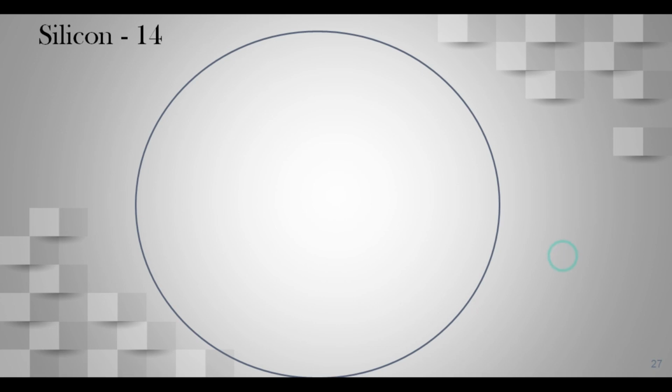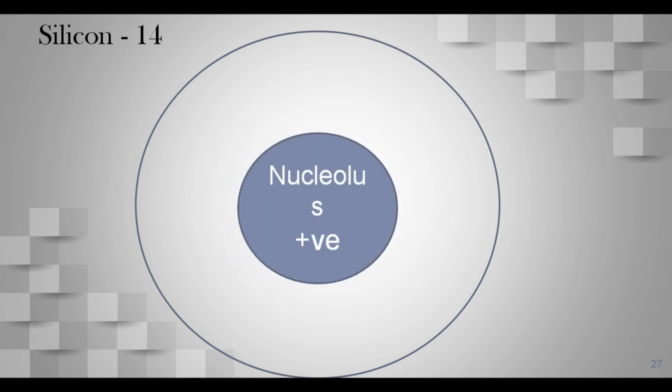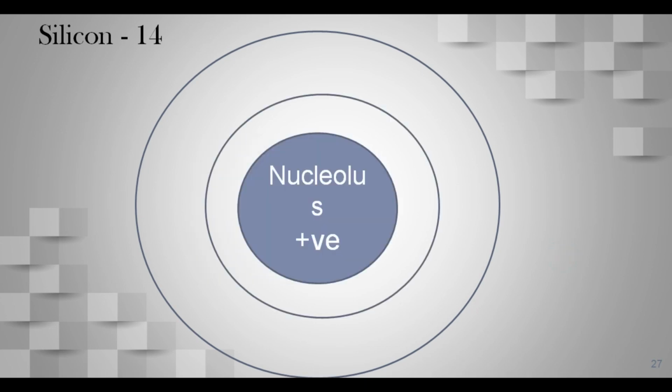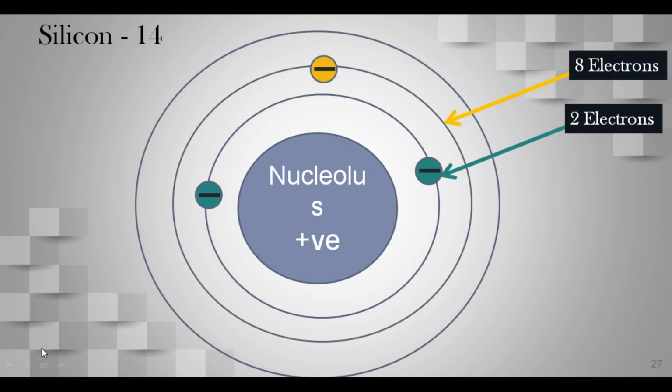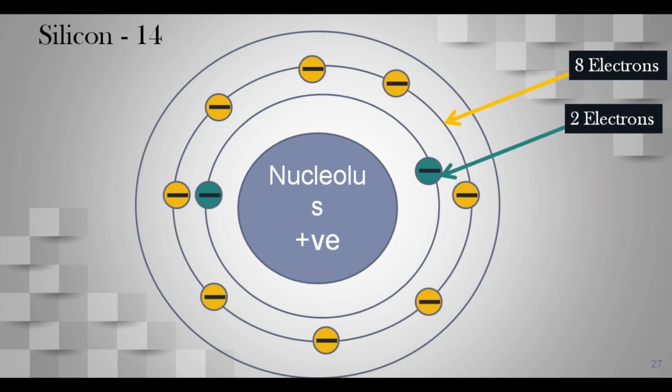The core of any atom is the nucleus. Nucleus is positive in nature, and around the nucleus we get various bands or orbits in which the electrons rotate. So, in first orbit we have 2 electrons, where 2 electrons rotate around the nucleus. Then in second orbit we get 8 electrons, they rotate around the nucleus. And what are the remaining? Remaining, there are 4 electrons.